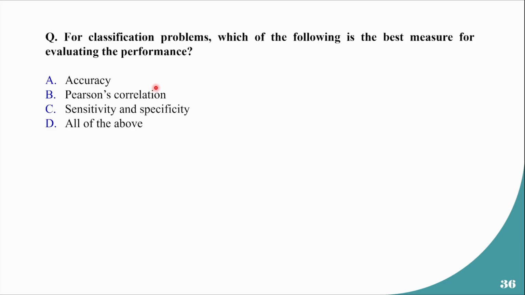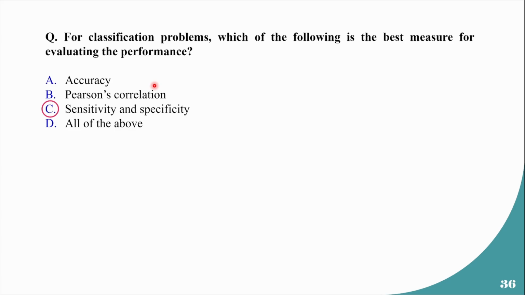Among all of these, the proper answer here will be sensitivity and specificity. Okay. We also have accuracy as an option, but as we talked about in one of the earlier slides, a lot of the time accuracy might not correctly evaluate the model.